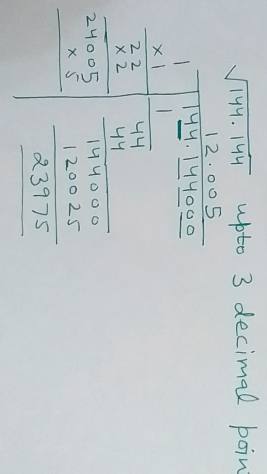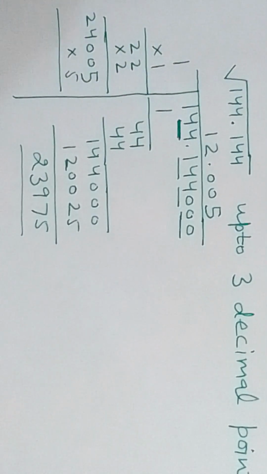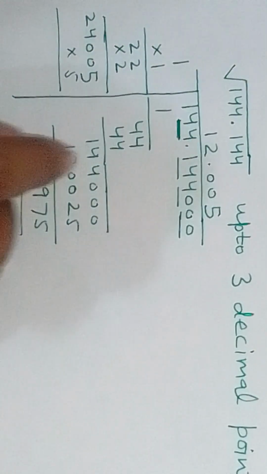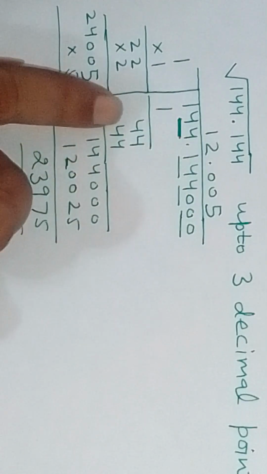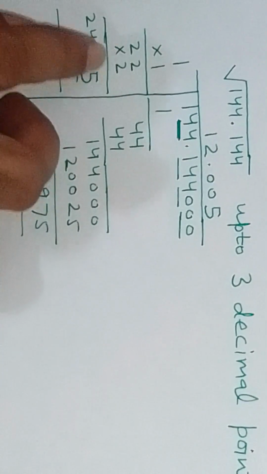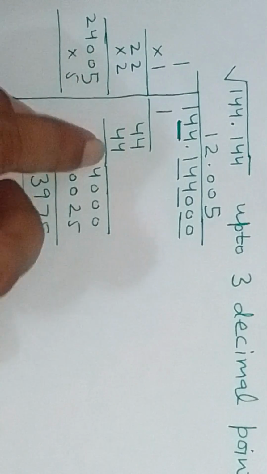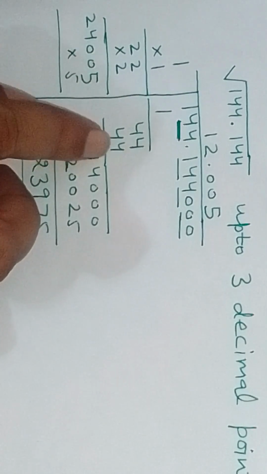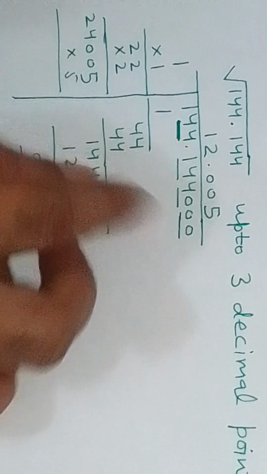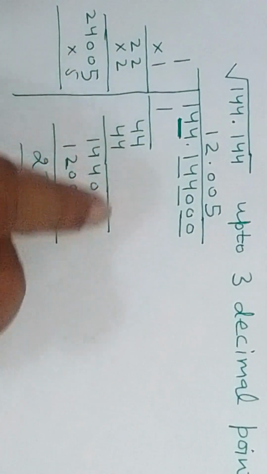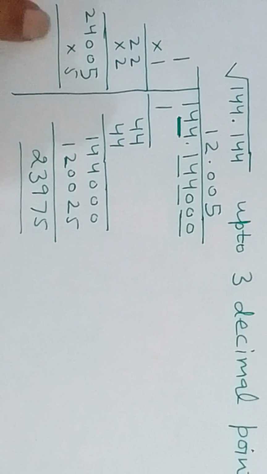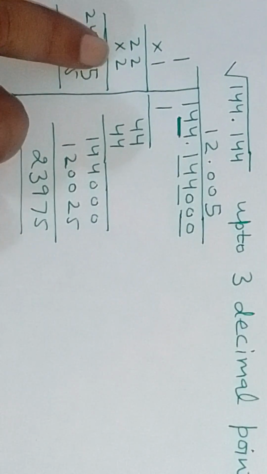Now we have to make the combination 22 into 2, that can be placed below 44. Hence 22 into 2 can be put upon 44. So 44. In the next step we have to add 22 and 2.